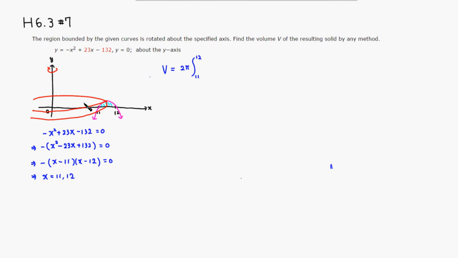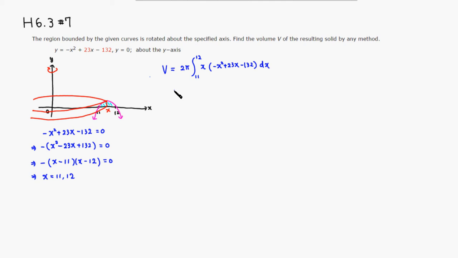The radius: we take this sample x, so the radius from the y-axis is just x. Then the height is determined by this parabola, so we put negative x squared plus 23x minus 132 with respect to x. So this is the integral using the shell method. We just have to evaluate it.